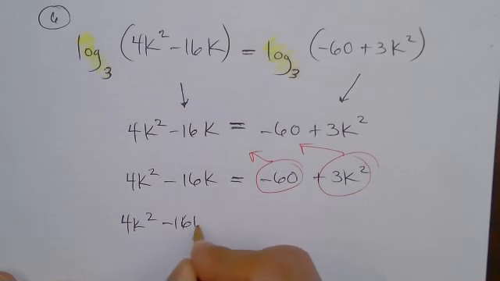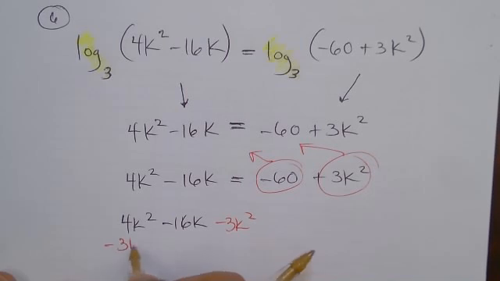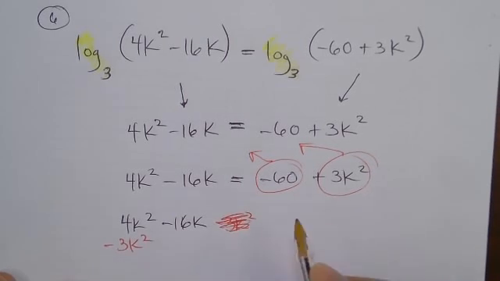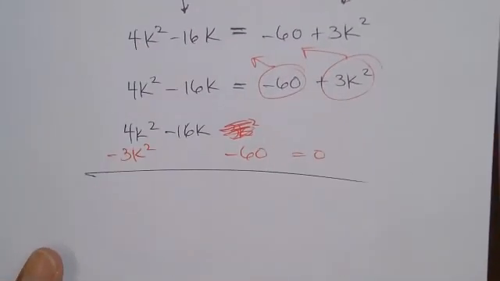So it'll be 4k squared minus 16k, and now it's going to be minus 3k squared, or if you want to write it under here, yeah, let's write it under here. Minus 3k squared minus 60 equals 0. Okay. Well, however you did it.